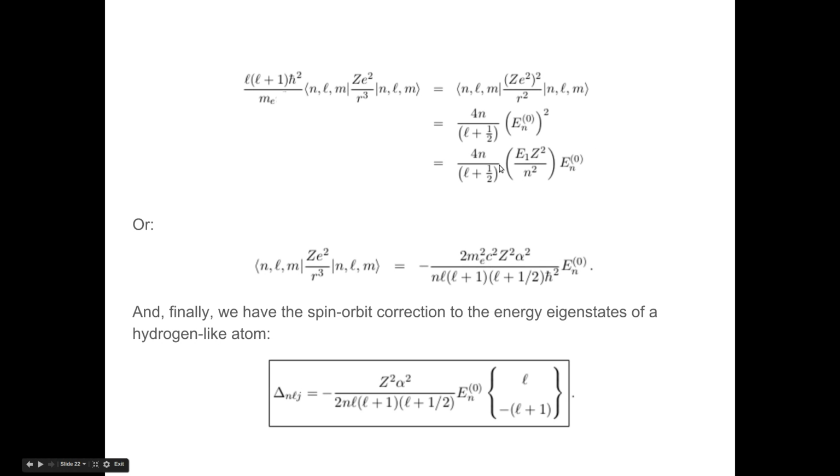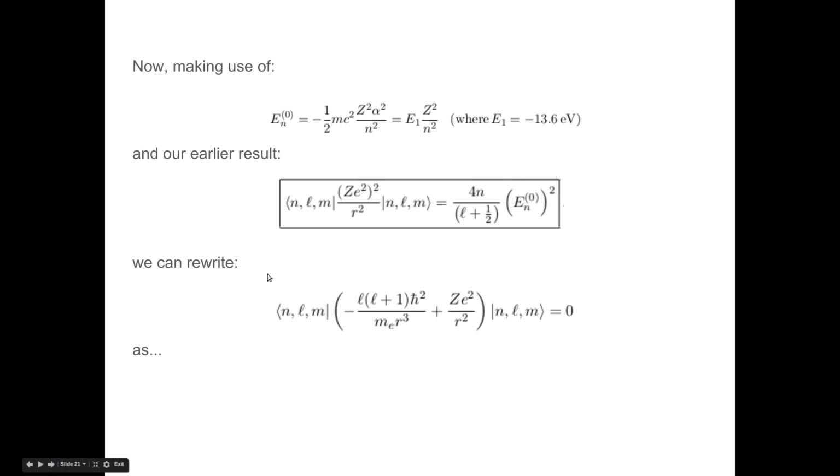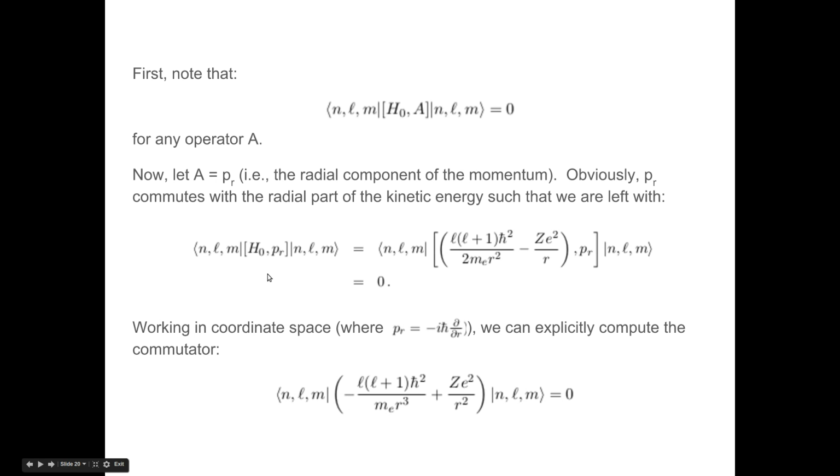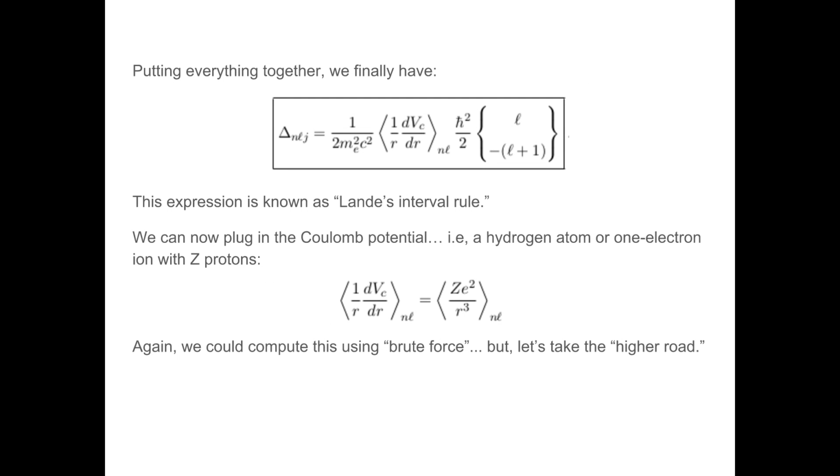Then I plug in for E1 in terms of the fine structure constant and all that other stuff, and I divide through by this prefactor here, and I end up with this matrix element. That's the matrix element that we set out to compute, this expectation value.